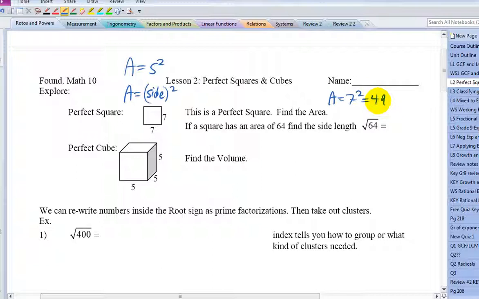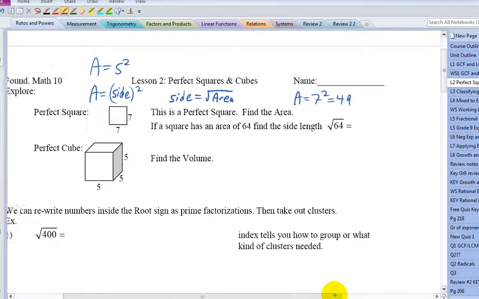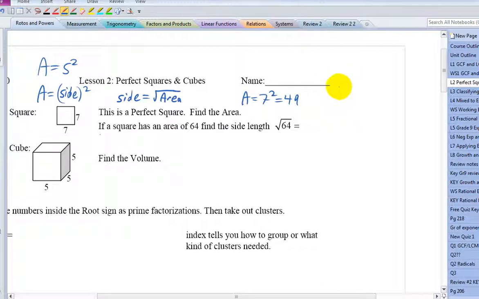If I want to know the side length, that would equal the square root of the area. So if I have 49 as the area, which equals 7 squared, then what does 7 equal? Well, it equals square root 49.